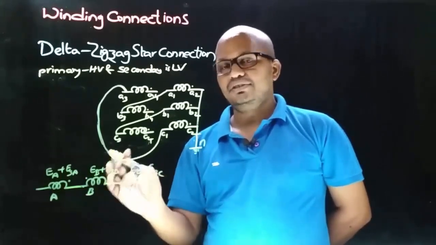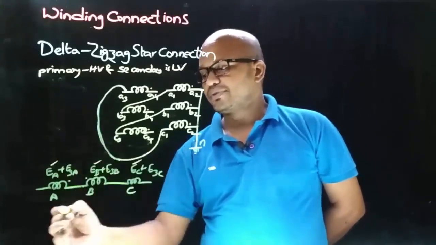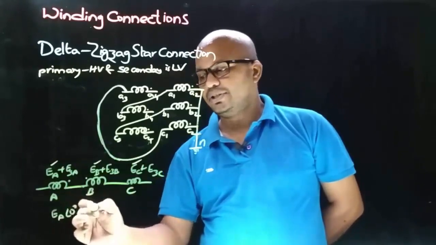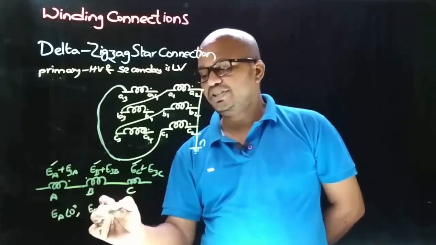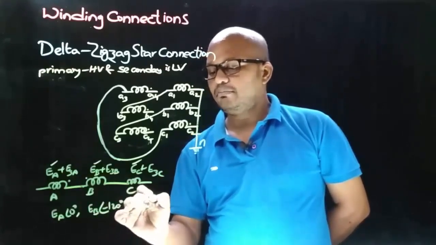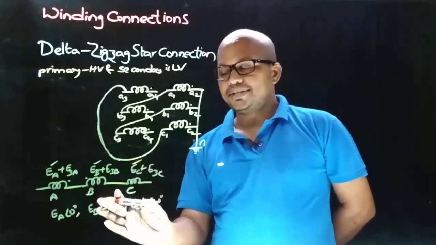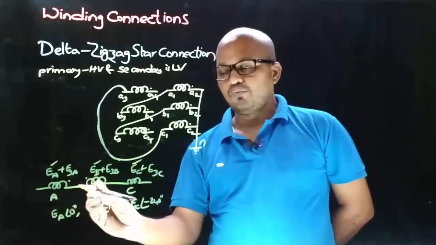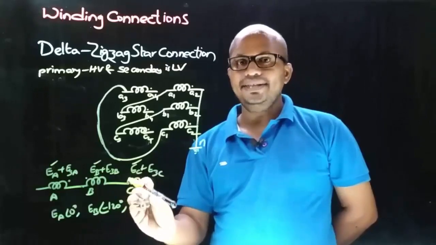It is known that in three-phase ABC phase sequence, the fundamental induced EMFs will be at an angle 0 degrees, EB will be at an angle minus 120 degrees from EA, and EC will be at an angle minus 240 degrees from EA, which means if EA starts at 0 instant, then after 120 degrees EB will start, and after a further 120 degrees EC will start.